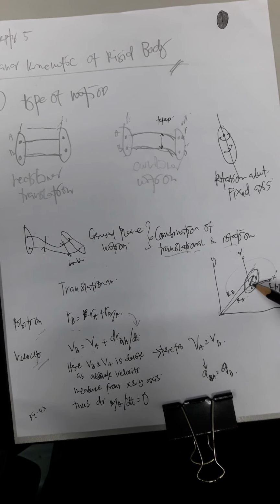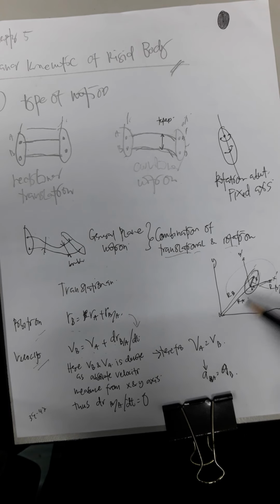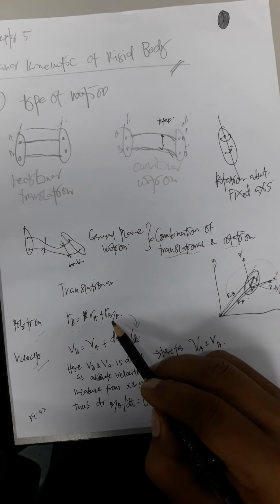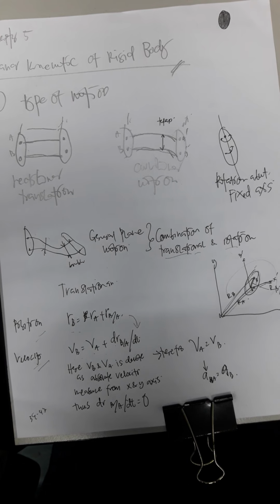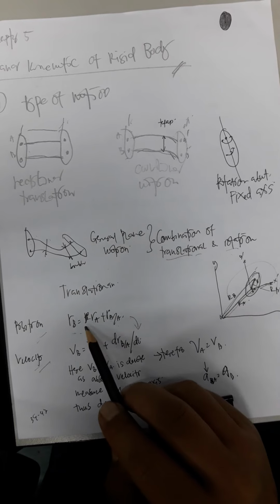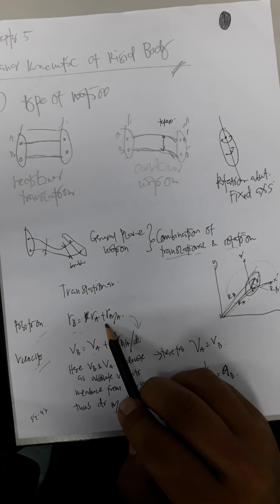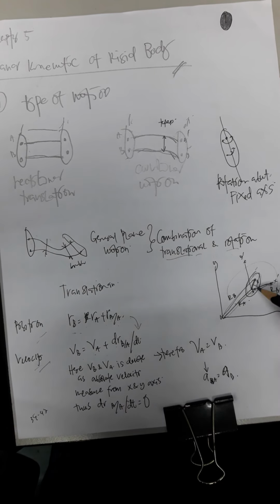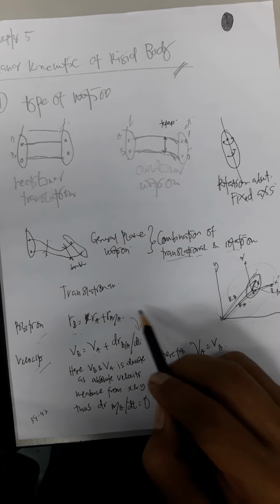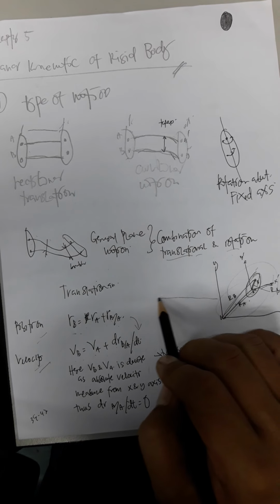Imagine this is point A and this is point B, and this is RA, the position of A, and this is RB, the position of B. So the relation between A and B, which we call RB with respect to A, is denoted by this mathematical equation: RB equals RA plus RB with respect to A. So by using this figure, the equation for this position can be written like this.